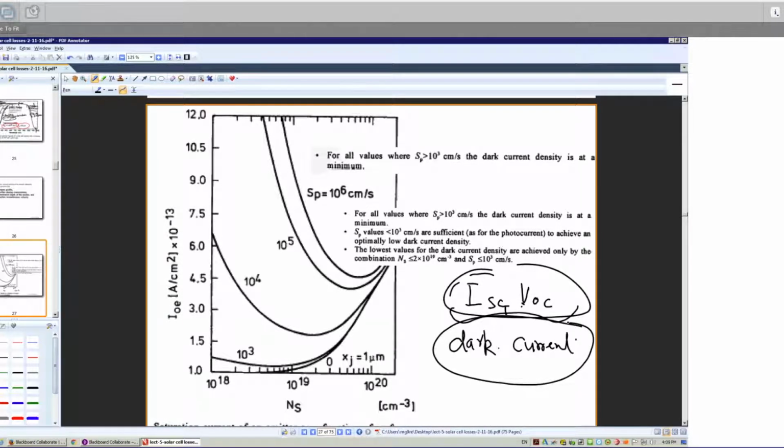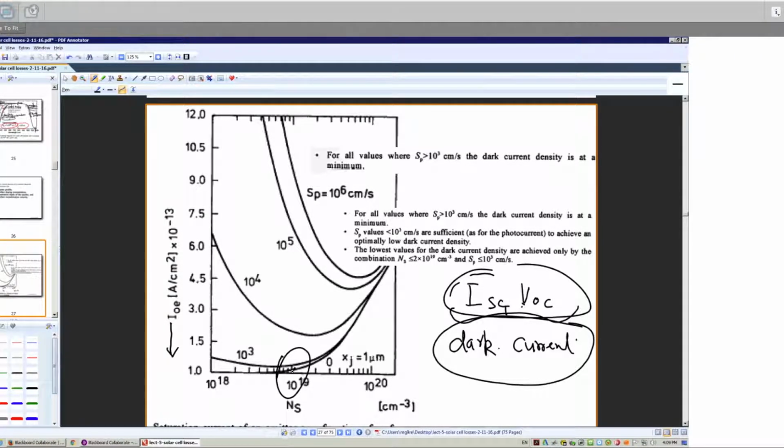That's not a hard question. Lower than the value we normally use, about 10 to the 19. The goal is to have the dark current low. If you are around here, then it's lower. If your doping is in this region, 10 to the power 20, then the dark current is higher.